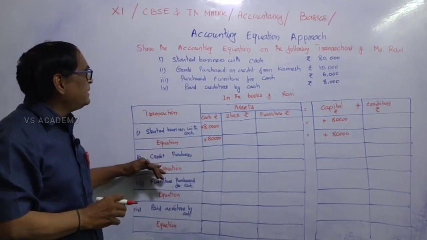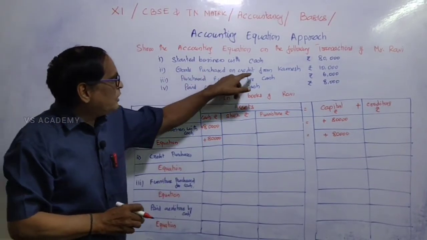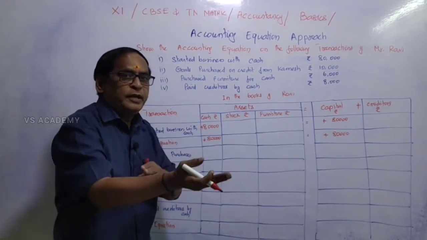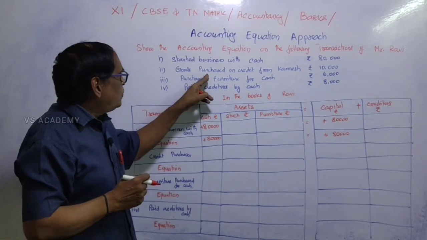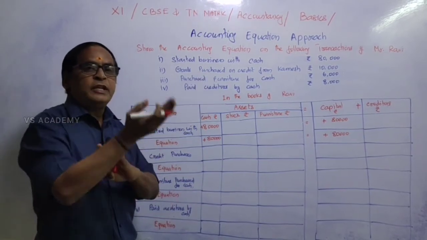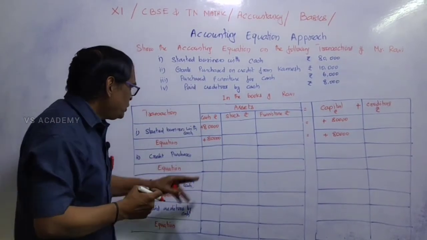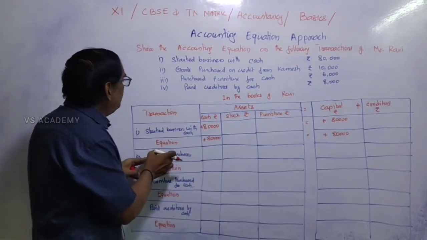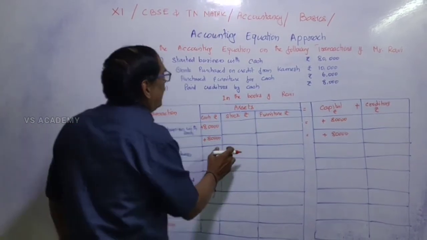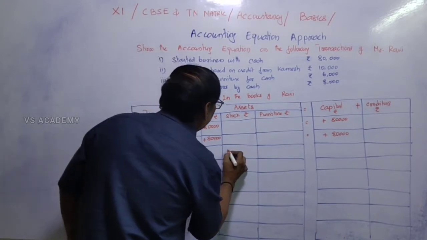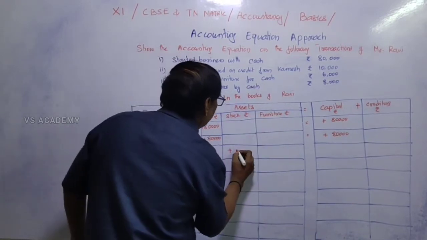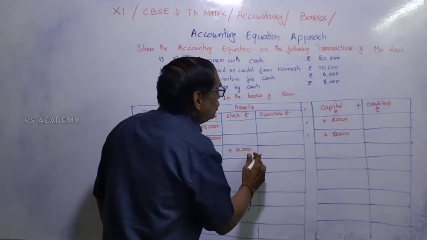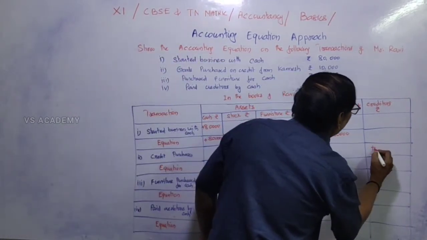The next transaction is goods purchased on credit from Kamesh. That means Kamesh is the creditor, so creditors is increased. Goods purchased means stock is to be increased. So you have to write the credit purchases in the transaction column. Stock plus 10,000 rupees. And creditors is also increased, in the creditors column 10,000 rupees.